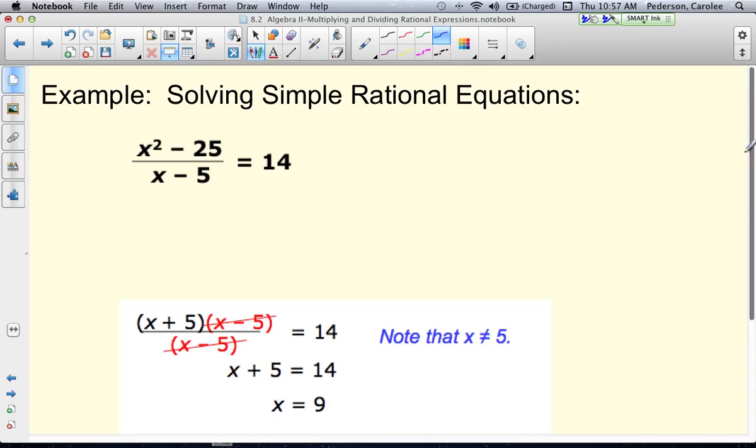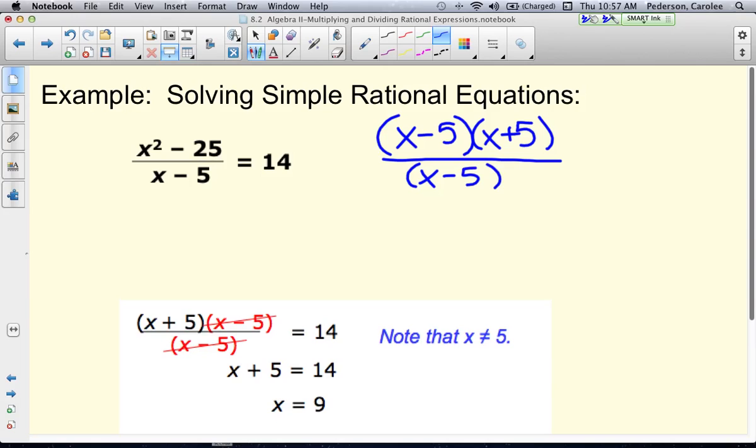So x minus 5, x plus 5 can be factored, so we don't go right to cross multiplication. And now we see what can cancel, the x minus 5's, and now we don't have a fraction anymore, we have a linear equation.